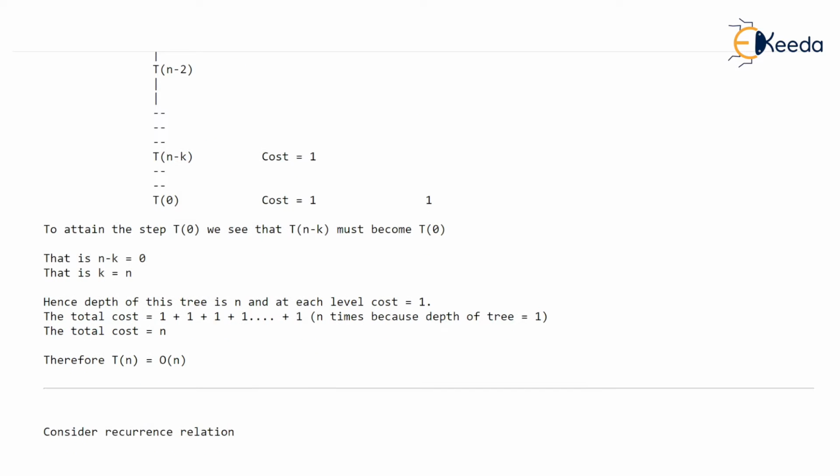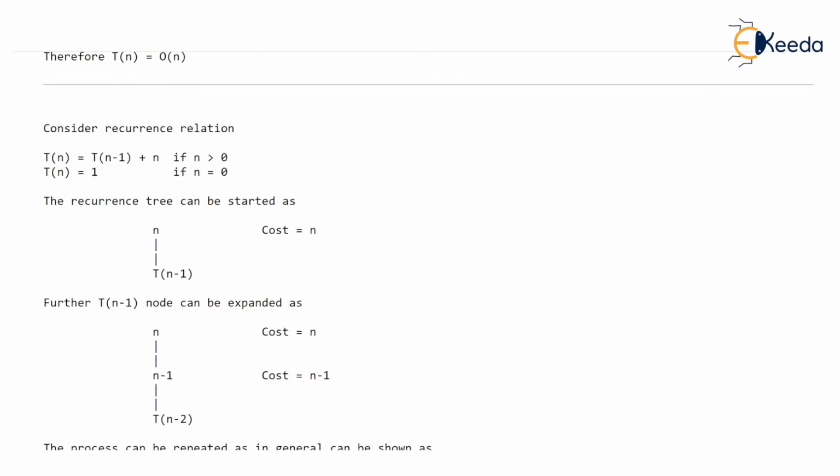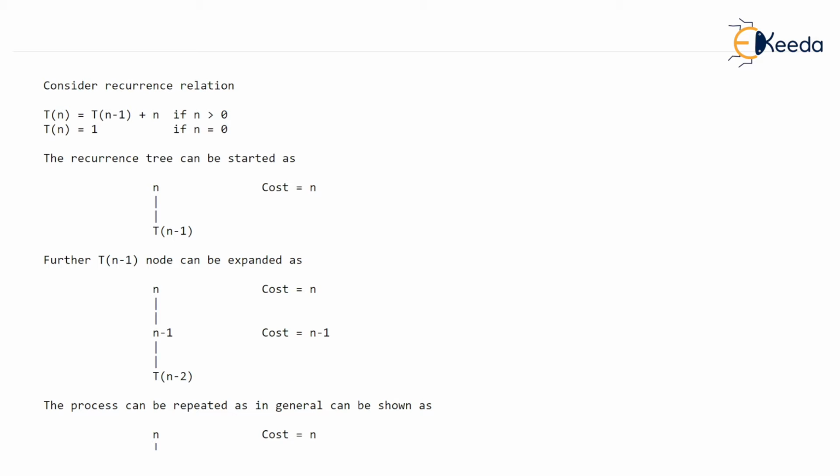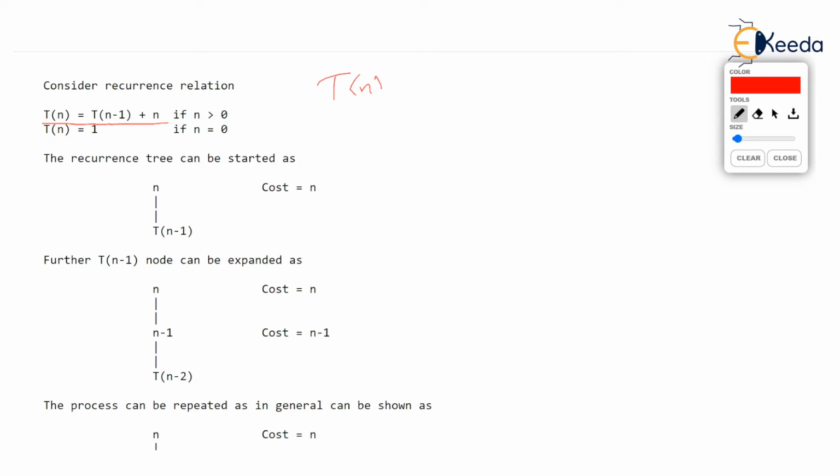Here we have one more recurrence relation. Before you get involved in drawing the tree here, tell me, isn't this recurrence relation known by all of us? In general, the decreasing function is of the form Tn is equal to A Tn minus B plus Fn.